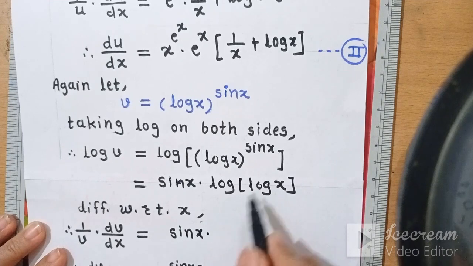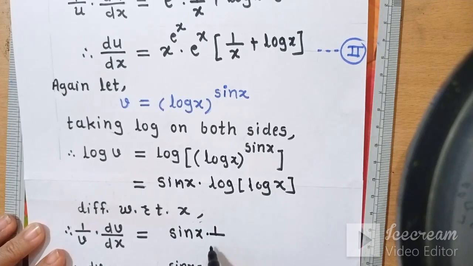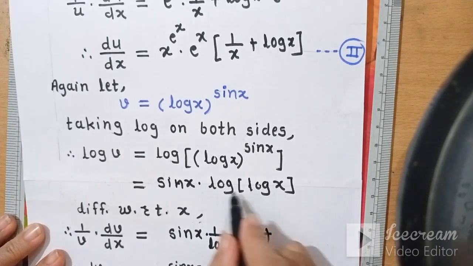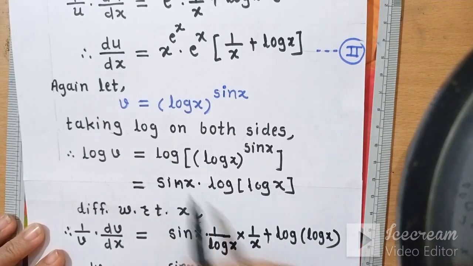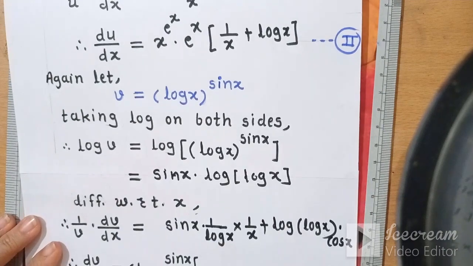Now the derivative of this, log of f x formula we will use, so 1 upon log of x, and again the derivative of log of x is 1 upon x, then plus, then write down the second function as it is, that means log of x, and derivative of sin x is cos of x.